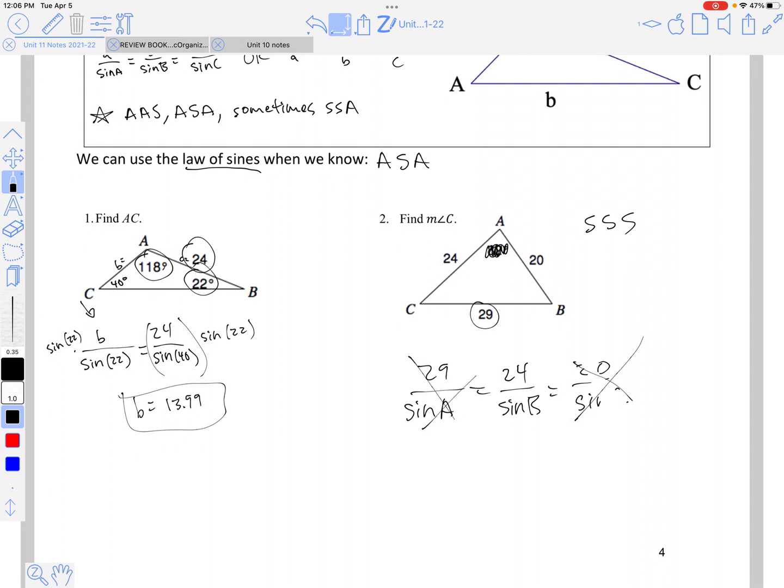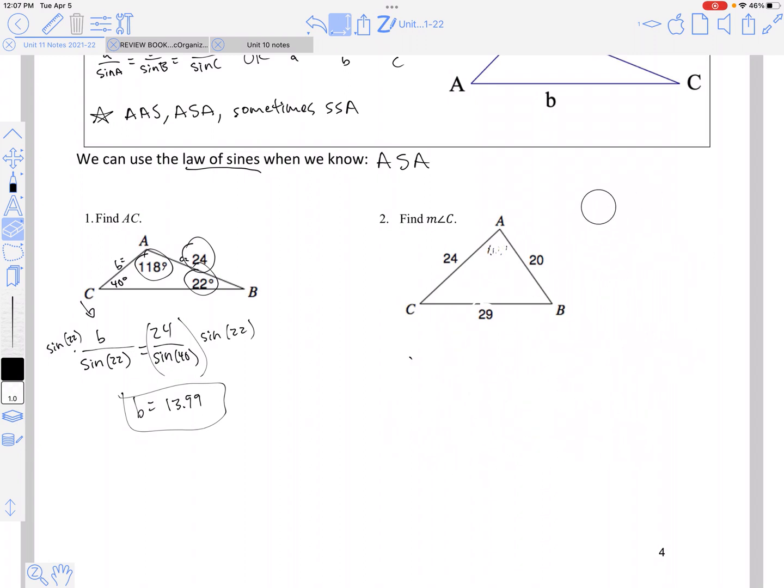And if I decide I'll use these, I still have two unknowns. So side, side, side does prove congruence, but it doesn't work with the law of sines. So it's imperative that you do have an angle. You need an angle.